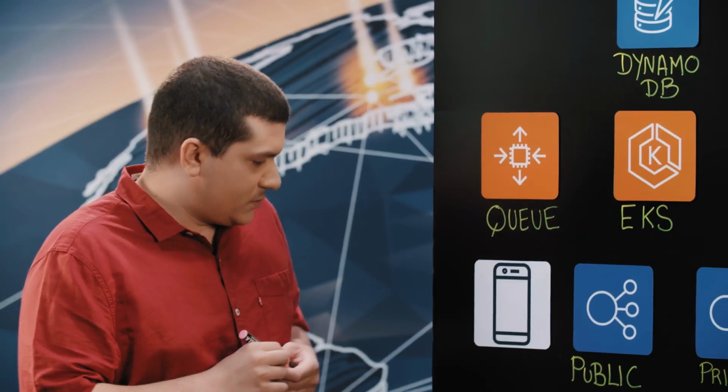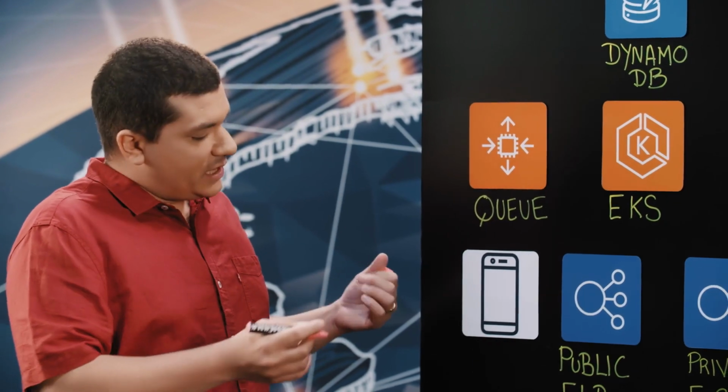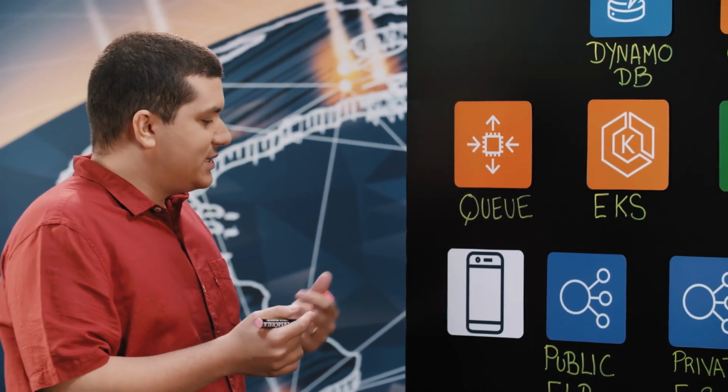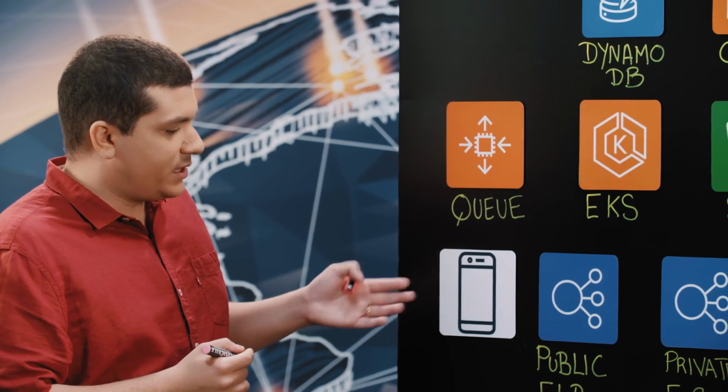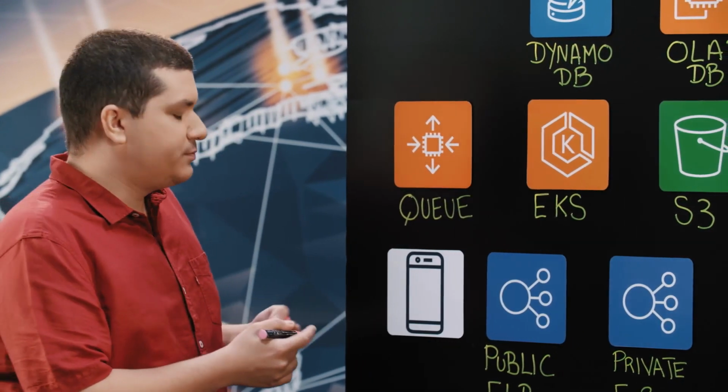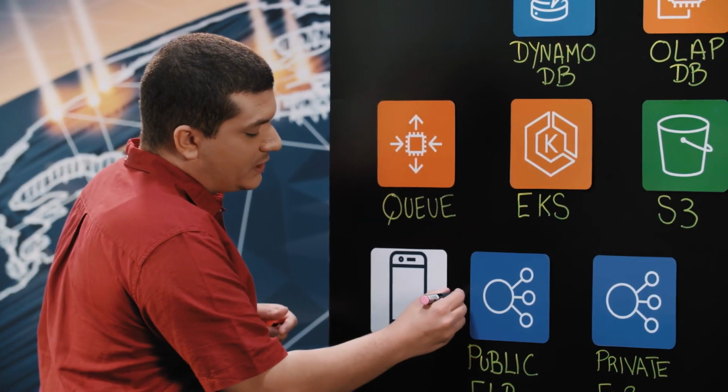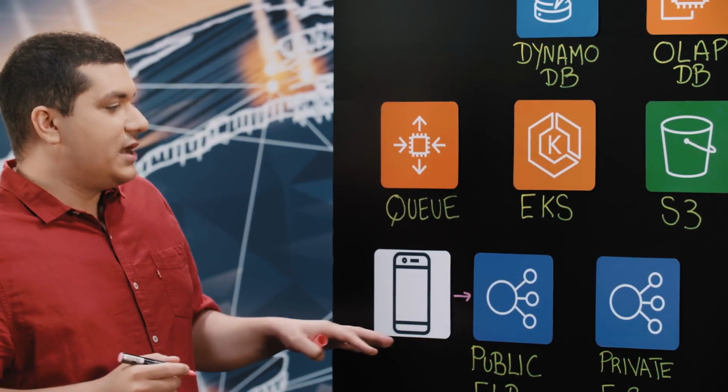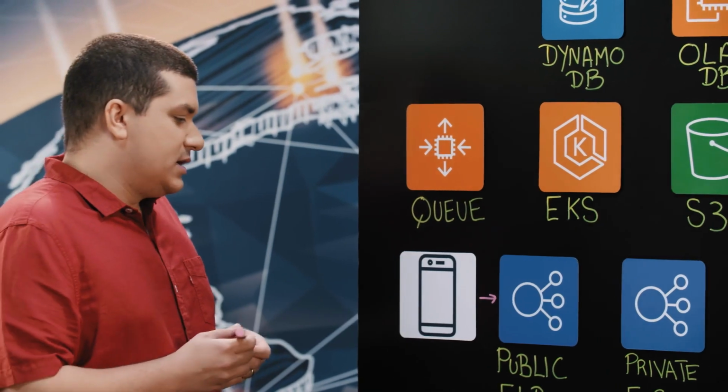Sure. So we have integrations with multiple channels, as I said. So let's take our mobile SDK, for example. Once the user uses the app, we get the data through our public ELB, which is provisioned by EKS.